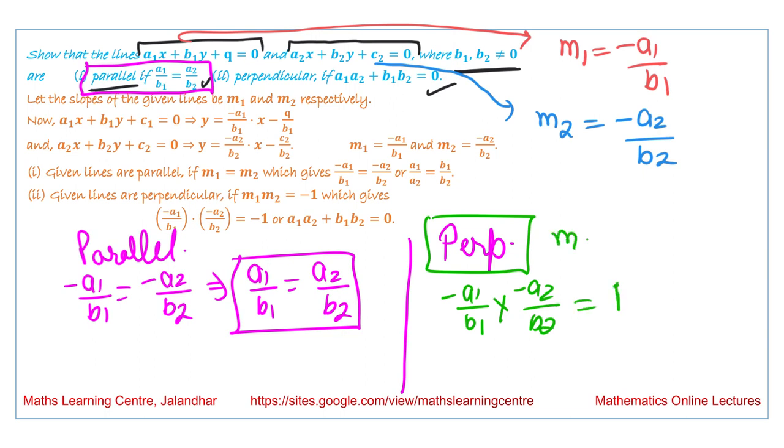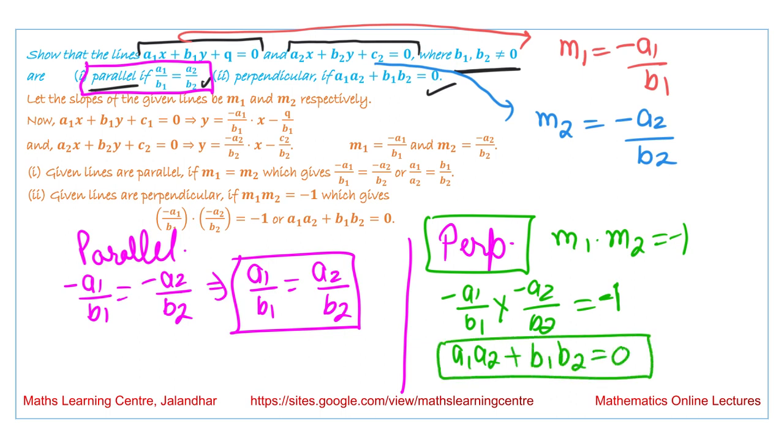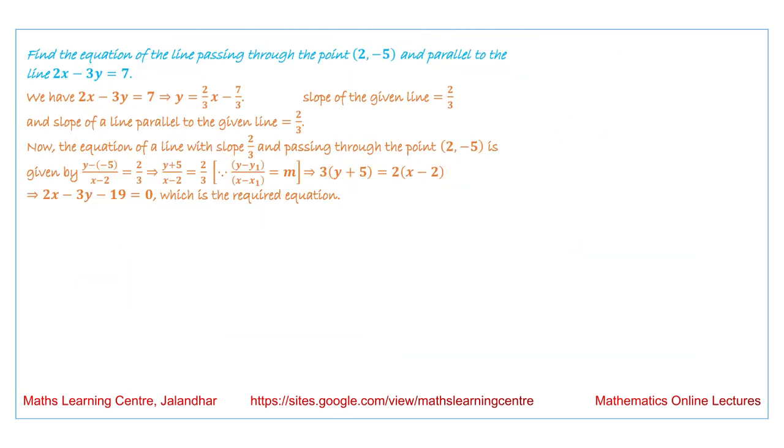We are saying m1 into m2 should be equal to minus 1. So what we obtain from this is that a1 a2 plus b1 b2 is equal to 0. So this is the condition for the two lines to be perpendicular to each other, and this is the condition for two lines to be parallel to each other.